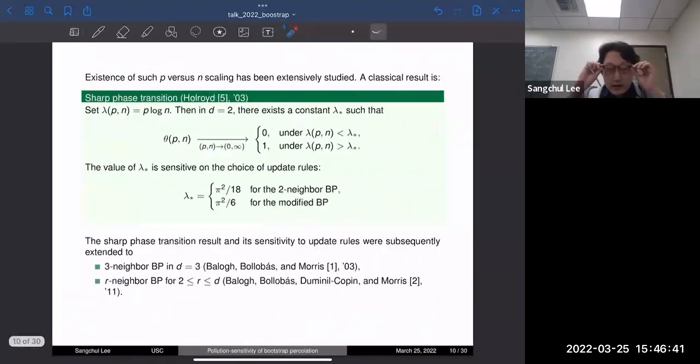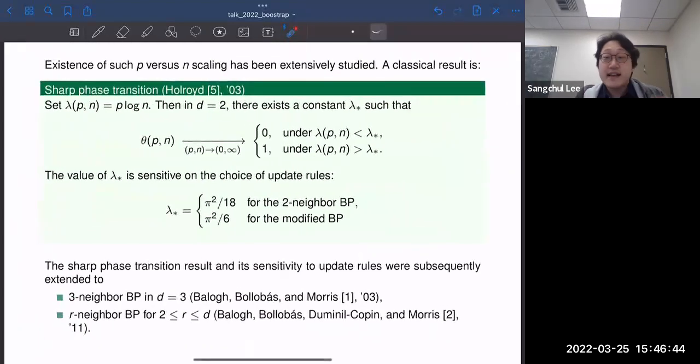All right, so the existence of such a p versus n scaling is something that's extensively studied in the literature.